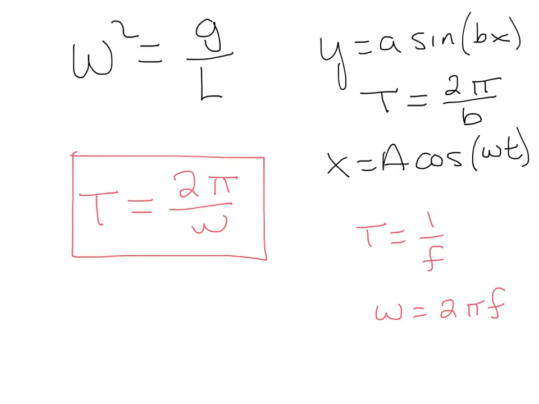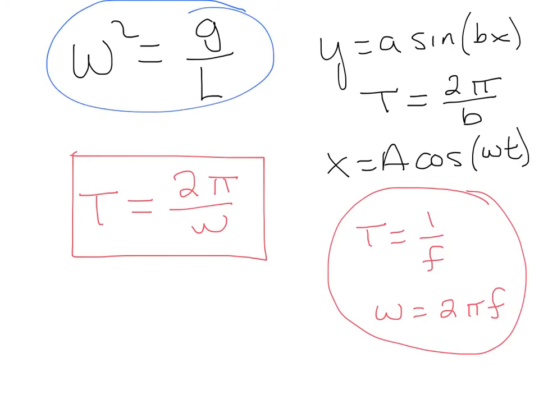But we'll use those a little bit more later. So T equals 2 pi over omega, and now I probably didn't leave myself enough room. I'm going to take this concept right here, and the T equals 2 pi over omega, and I'm going to take the omega.